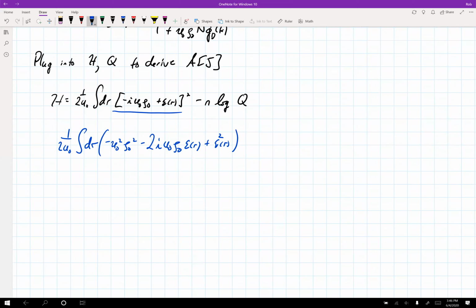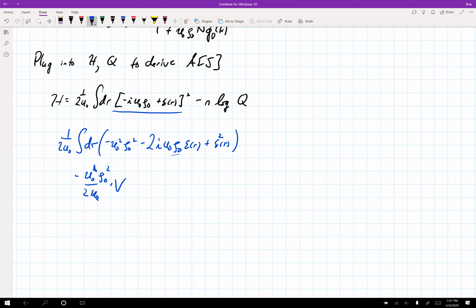All right, so this first term is just a constant, so we can just pull it through the integral. We take the integral of the first term and we just get a volume. So we'll have minus u0 rho 0 both squared over 2 u0. Obviously, that u0 is going to cancel, and then the integral gives us a volume. This next term is a bunch of constants multiplied by the integral over space of epsilon.